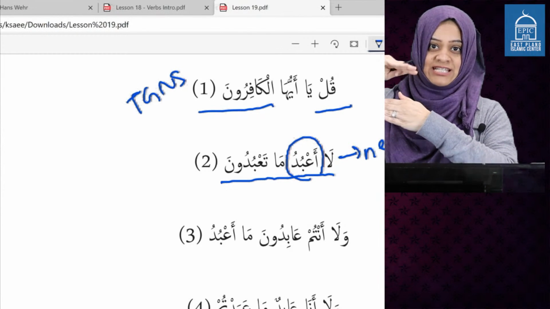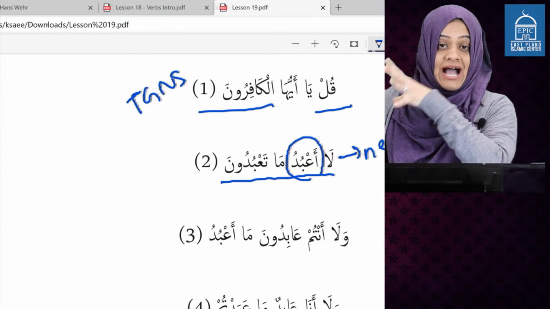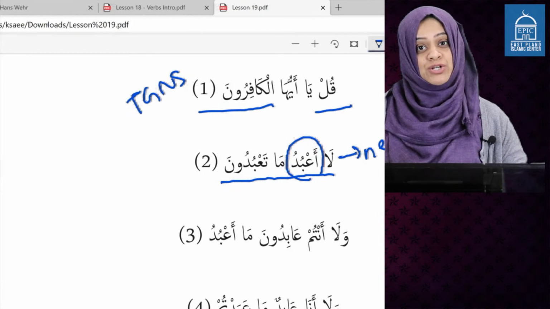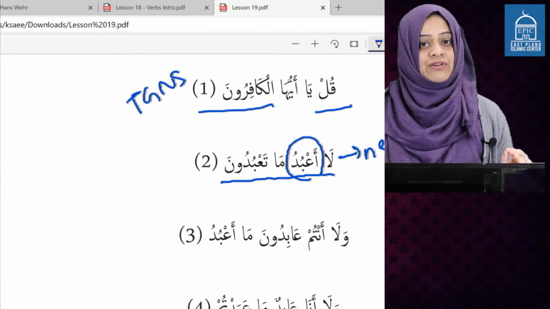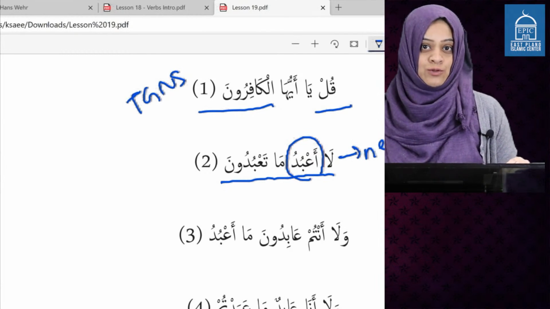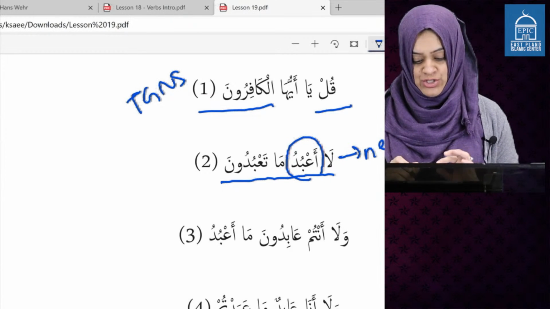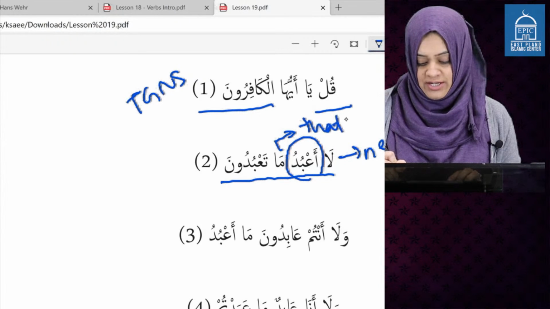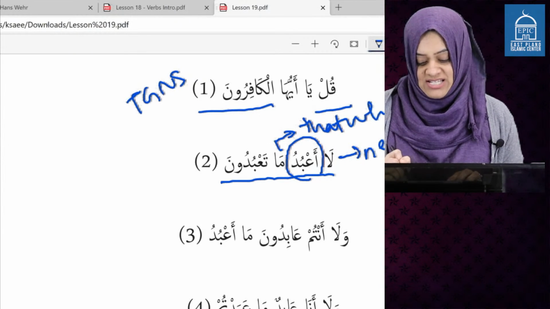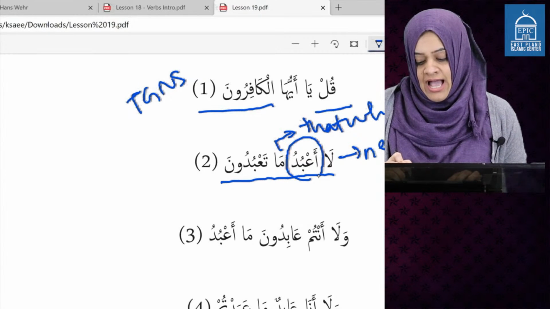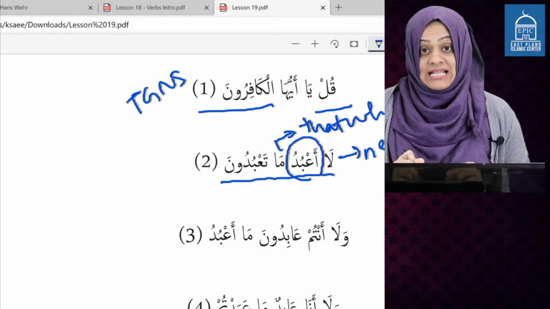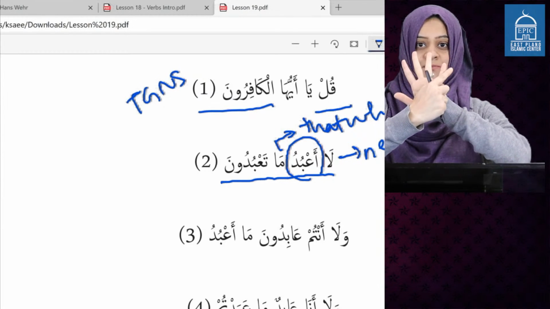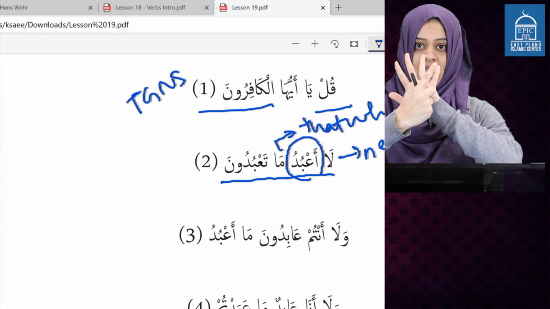If I lift the veil, it sounds like af'alu. Ana is sitting there. Abada: go to the dictionary, find the meaning, it means to worship. I worship, and la is over here, negation: I do not worship, or I will not worship. Ma is a mawsul, a relative pronoun, meaning that which. Isn't it exciting? You can translate literally every word. I will not worship that which ta'budun, taf'alun, begins with a ta. Hamza, ta.